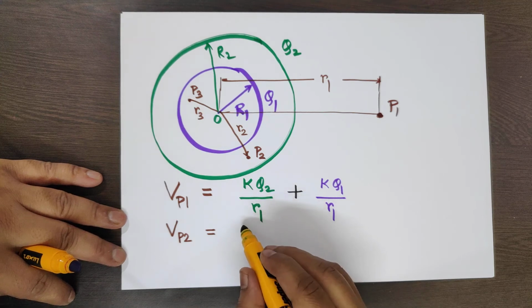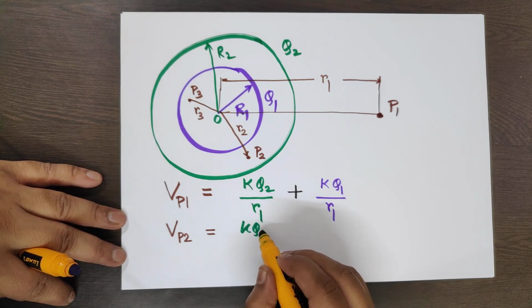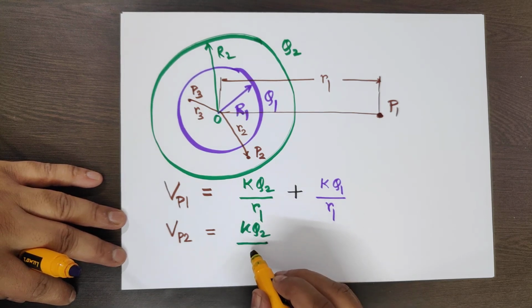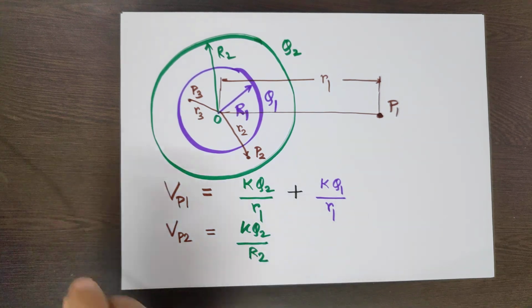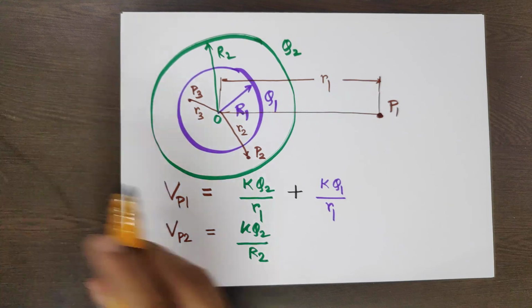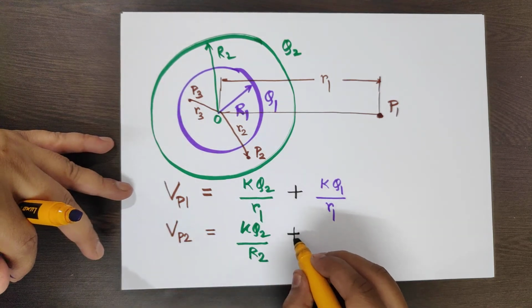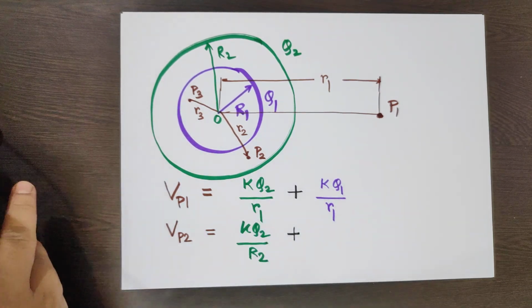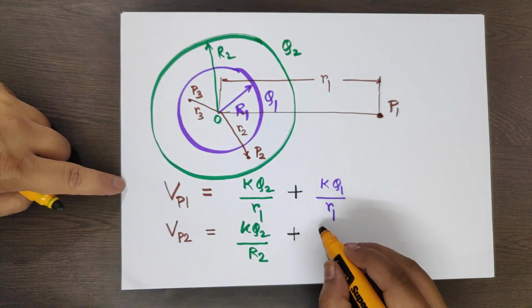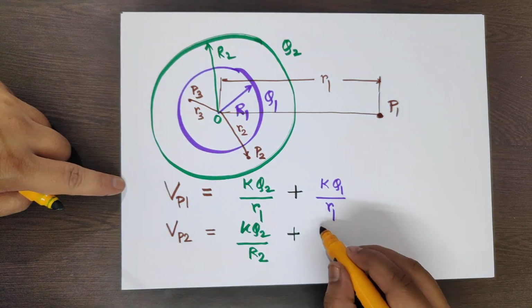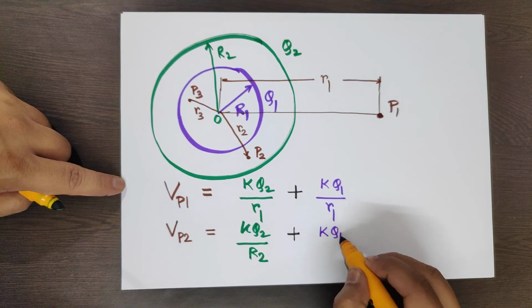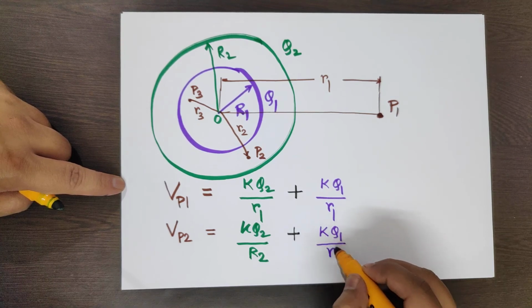So that is kq2 by capital R2, plus, due to the violet shell, it's outside, so kq1 by R2.